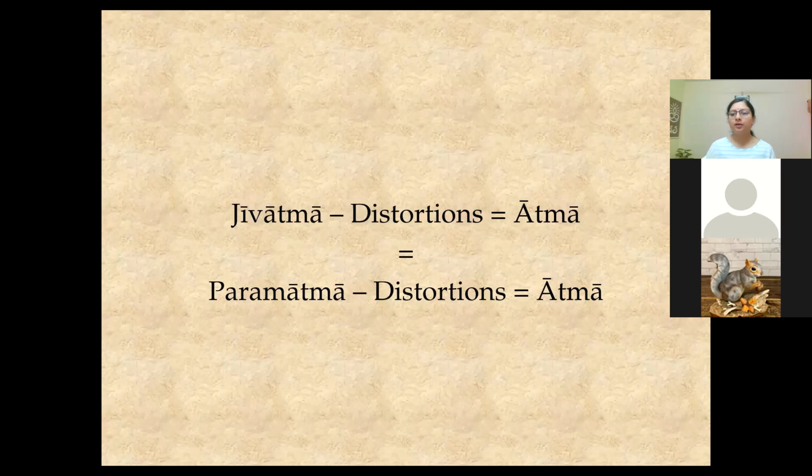Now, this attributeless entity seems to take on inferior and superior attributes. And that is the distortion. The distortion is not about whether it is an inferior or superior attribute. The distortion is the fact that an attributeless entity now appears to have attributes.